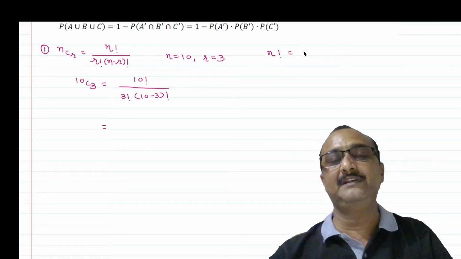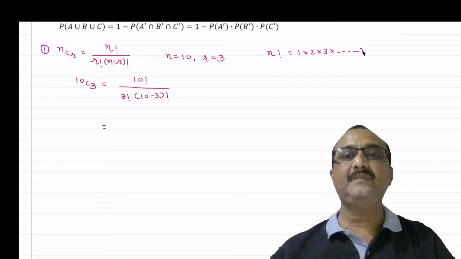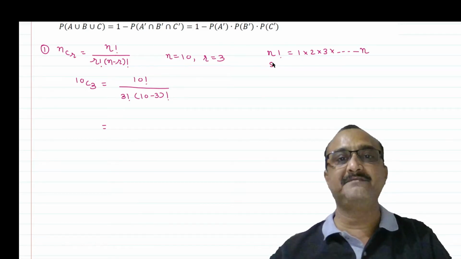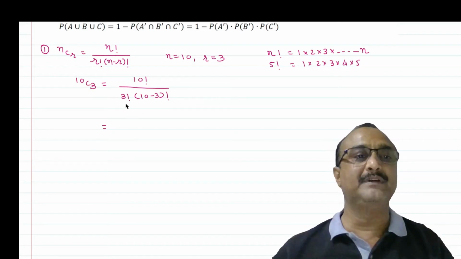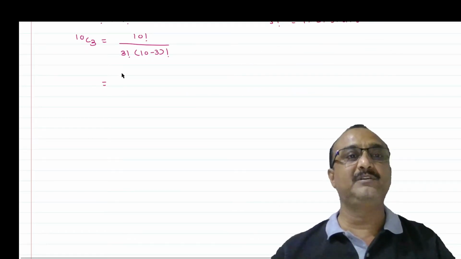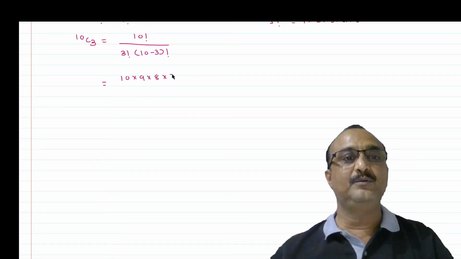N factorial we can write as 1 into 2 into 3 till n numbers. As well as we can write 5 factorial as 1 into 2 into 3 into 4 into 5, or 5, 4, 3, 2, 1. Hence 10 factorial can be written as 10 into 9 into 8 into 7 factorial.